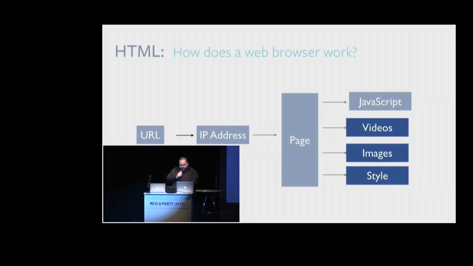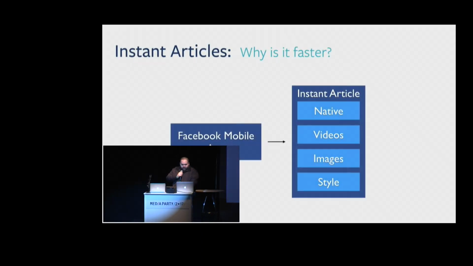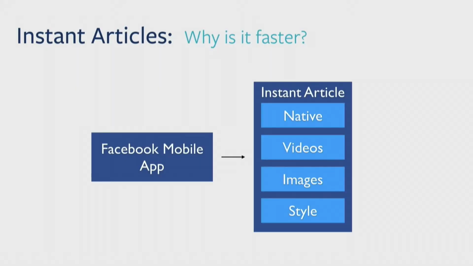With instant articles, we reduce most of them. So here's how this diagram will look for instant articles. You are in a Facebook mobile app, so it's a product really for mobile devices. When you tap on a link on newsfeed that is an instant article, instead of loading your web page, if you configured an instant article, it will load the instant article representation of this article, which is all pre-cached.